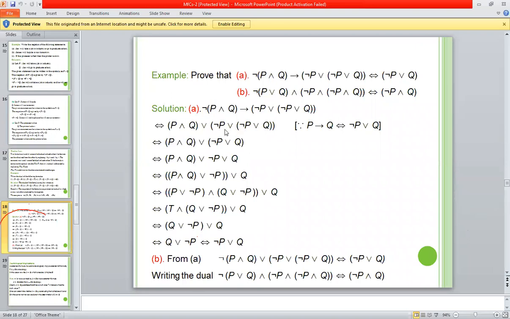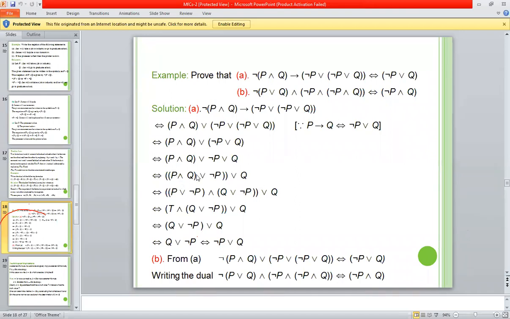Negation P or negation P is equivalent to negation P, so we get (P and Q) or (negation P or Q). Here we are applying the distributive law.